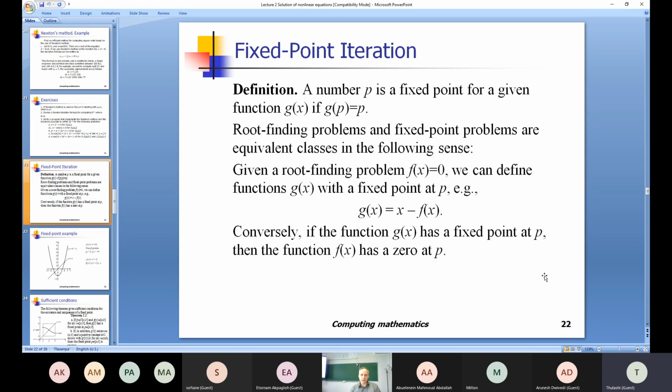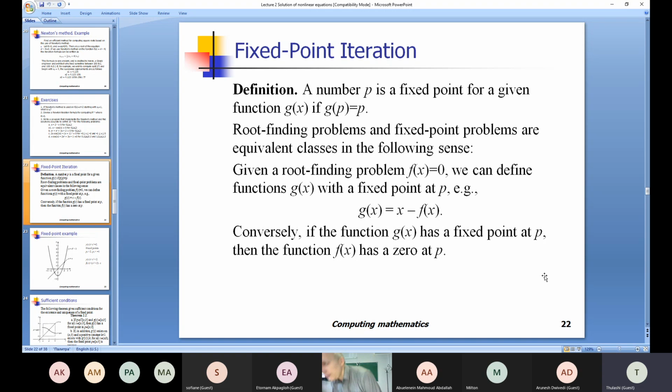Well, let's consider the definition. What is a fixed point? Suppose that we have a function g of x, and a number p is called a fixed point for a given function if g of p equals to p.